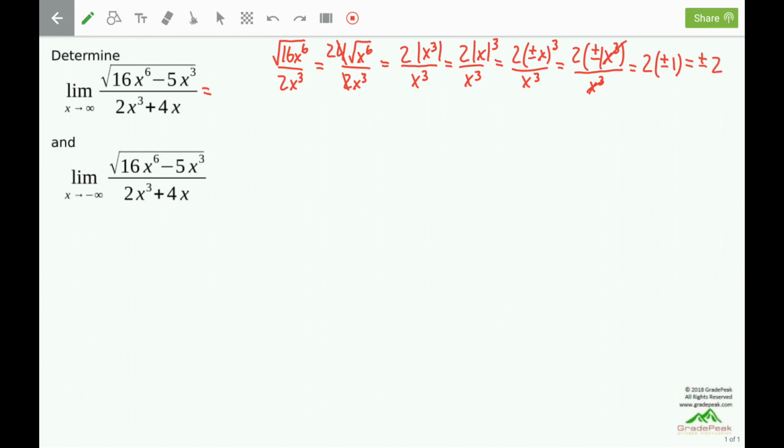So the limit as x approaches positive infinity, x is positive, the absolute value of x will be positive, positive cubed is positive, and the limit will equal positive 2. As x approaches negative infinity, x is negative, the absolute value of x will be negative, negative cubed is negative, and the limit will equal negative 2.